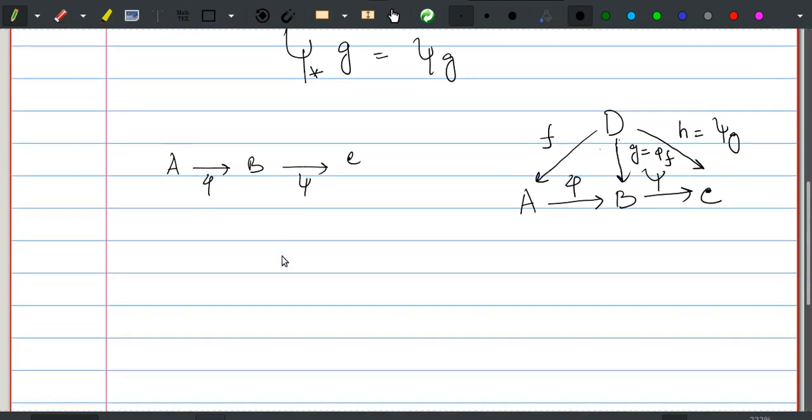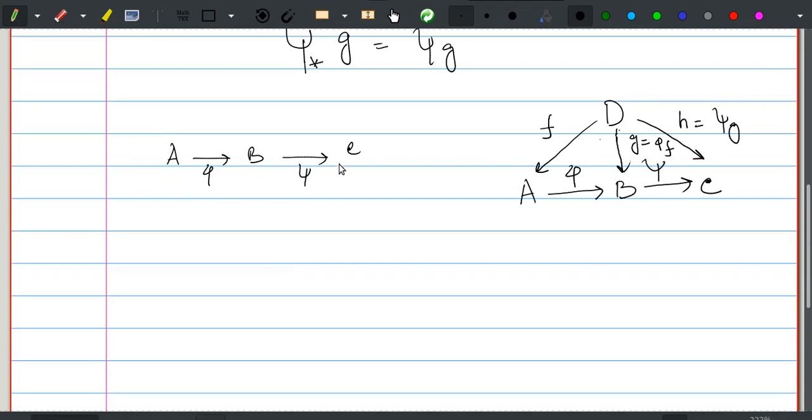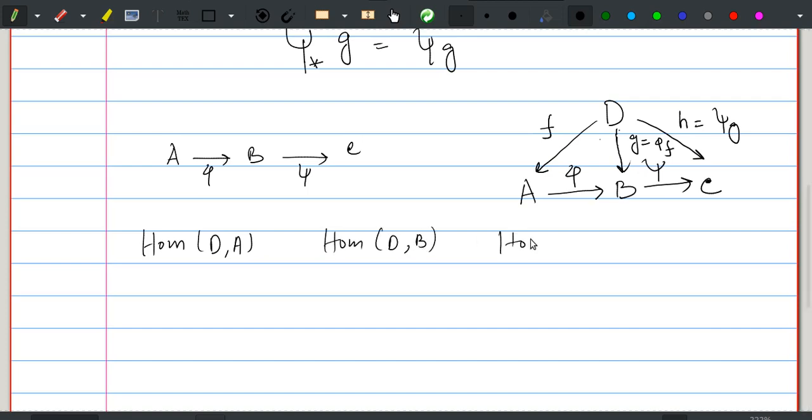So this sequence of modules and homomorphisms induces this sequence here: Hom(D, A), Hom(D, B), Hom(D, C). So these are the R modules and these are the morphisms. Here we have phi star and psi star.